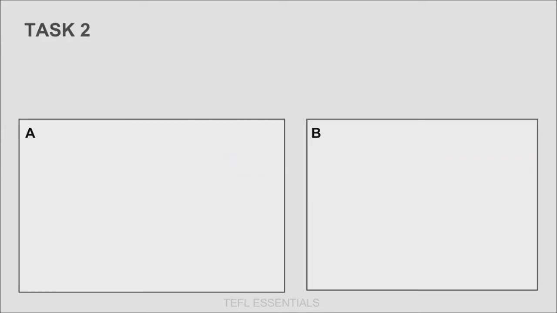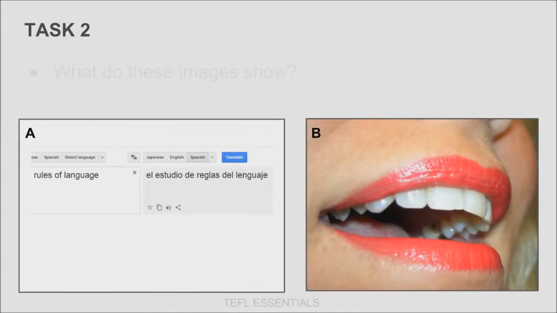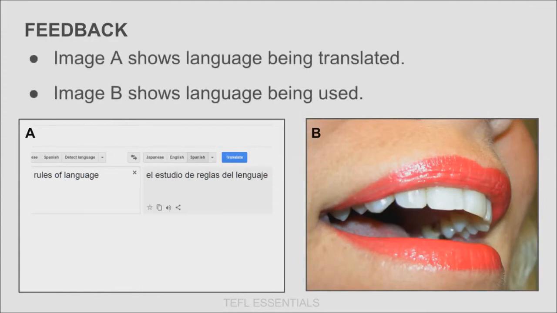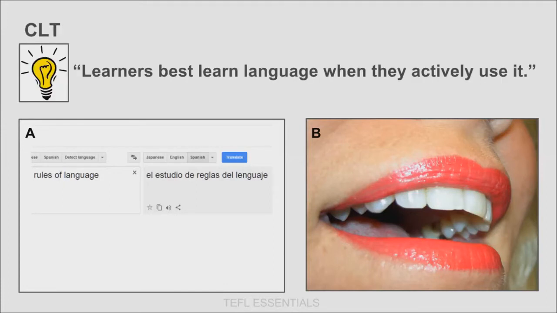Look at these images. What do they show? Image A shows language being translated. Image B shows language being used. Communicative language teaching is based on the idea that learners best learn a language when they're actively using it. Task 3.